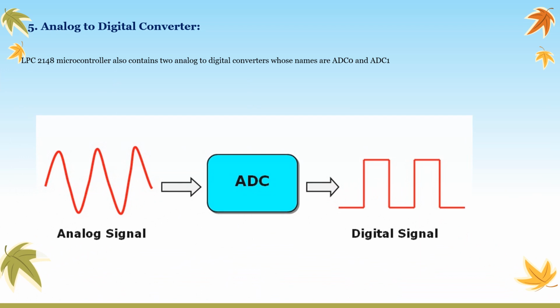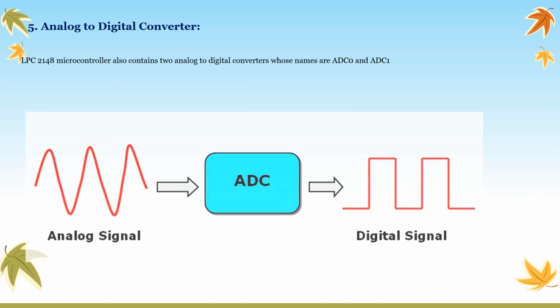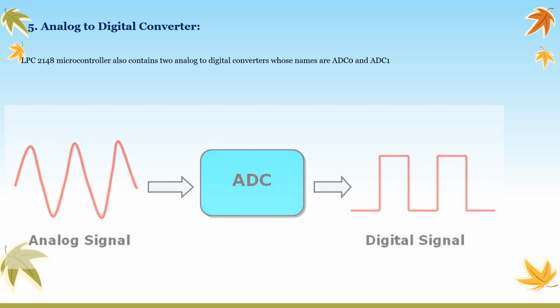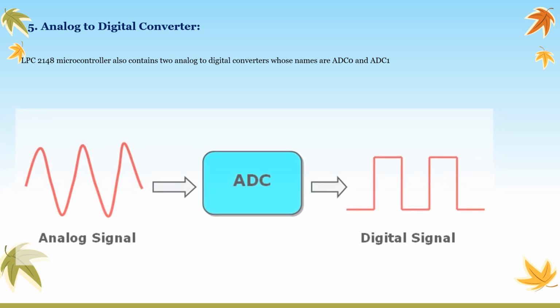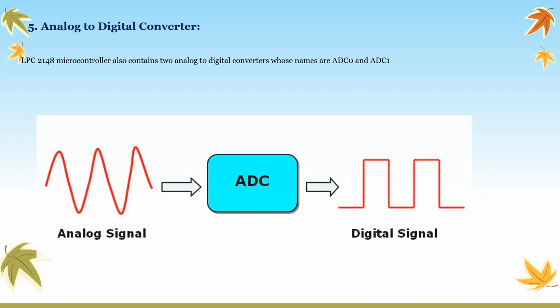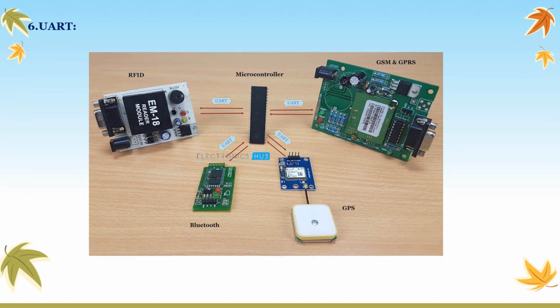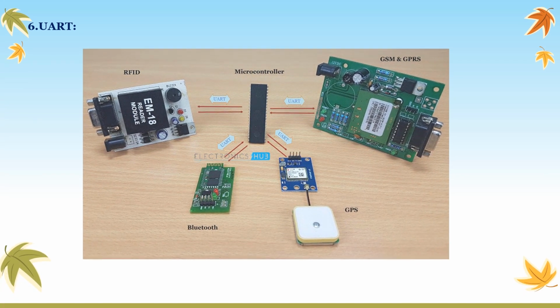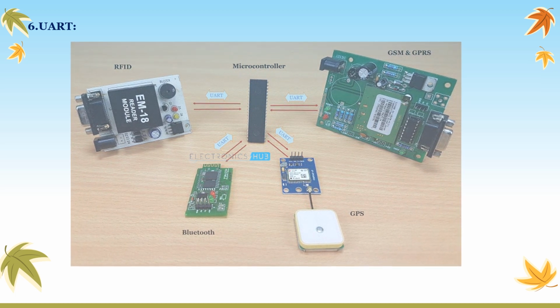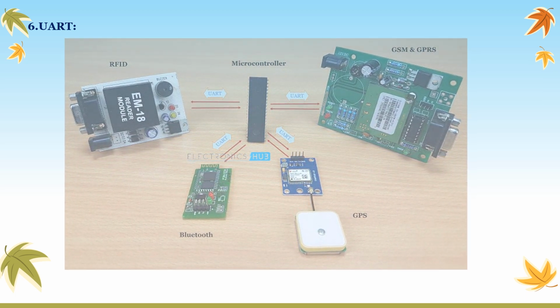This LPC2148 microcontroller also contains 2 analog to digital converters, named ADC0 and ADC1. There are 14 ADC inputs available in total. This LPC2148 microcontroller contains 2 UARTs, named UART0 and UART1.